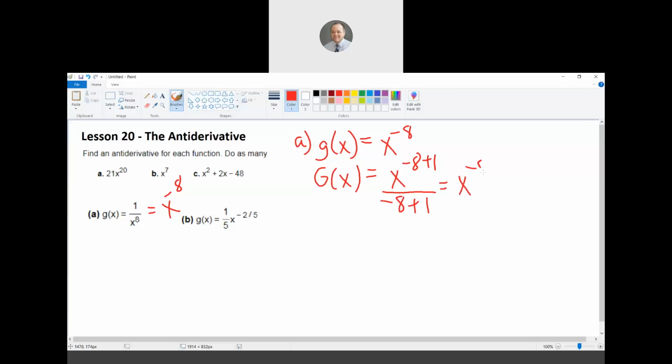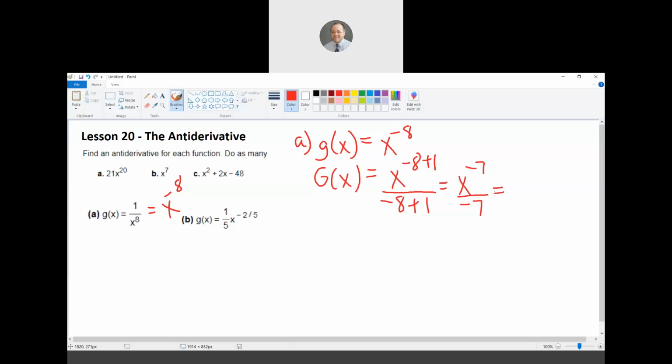So this will be now x to the negative 7 all over negative 7. And because our original derivative was a positive exponent, our antiderivative, let's do the same thing.